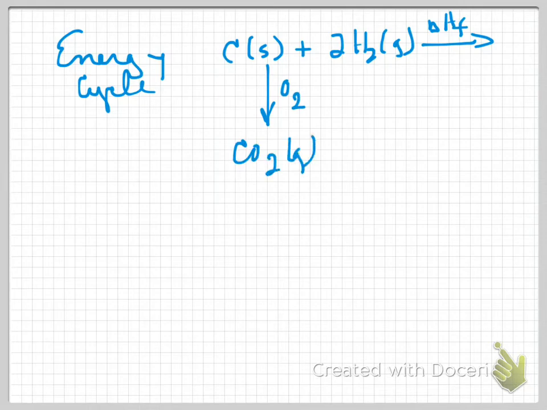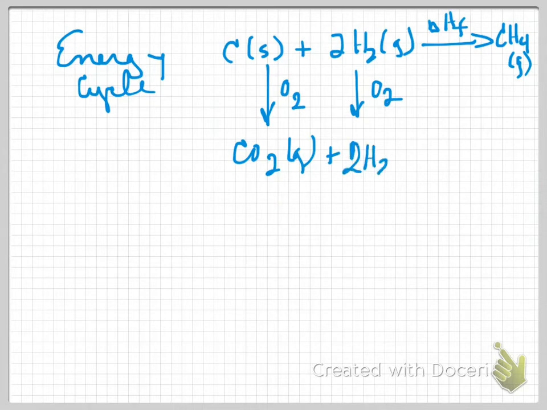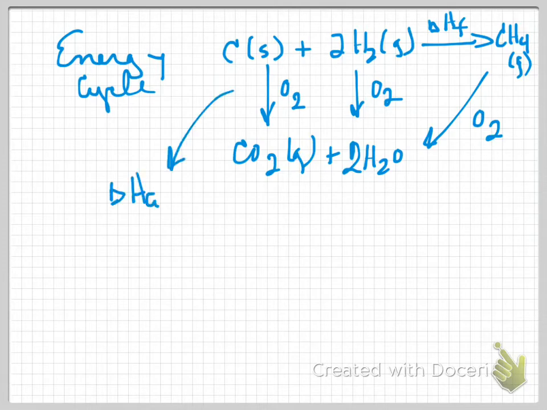CO2 gas. So I have carbon reacting with hydrogen in a heat of formation to make methane gas. I could also look at the combustion reaction for carbon and hydrogen, and these would basically be your heats of combustion that are in a table in your data booklet.